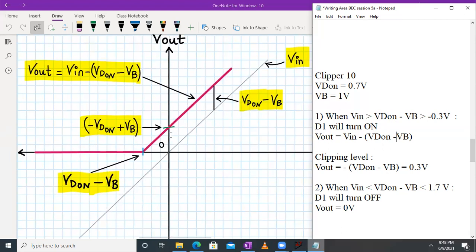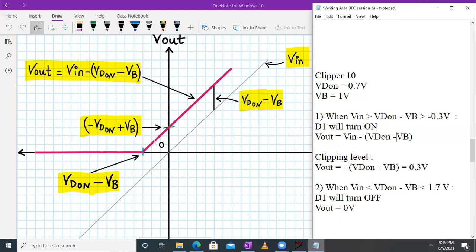The output over here will be zero until Vin is less than VD on minus VB. So this is my VD on minus VB line, correct? Whenever Vin is less than VD on minus VB, your output is zero. And after that, it will be running in parallel with this Vin curve, as you can see.